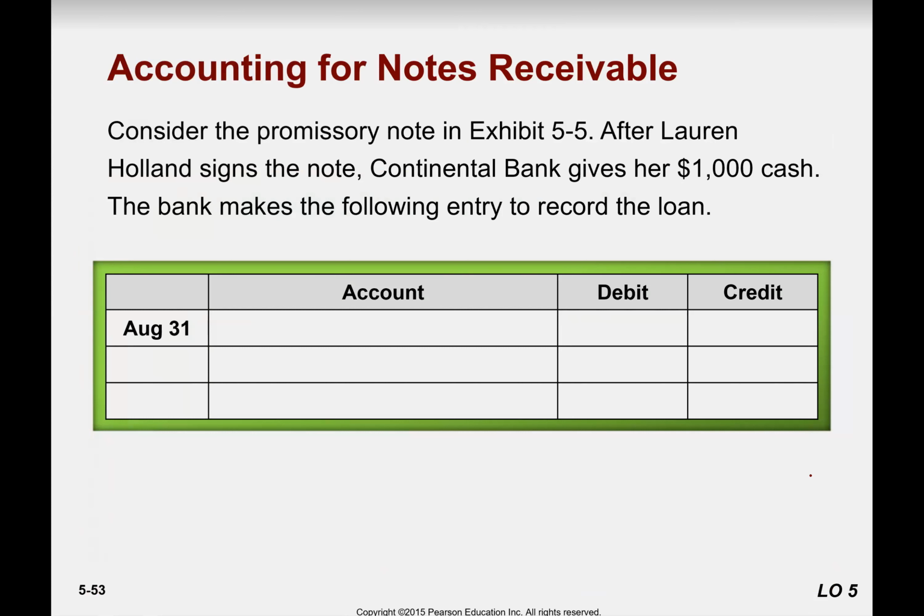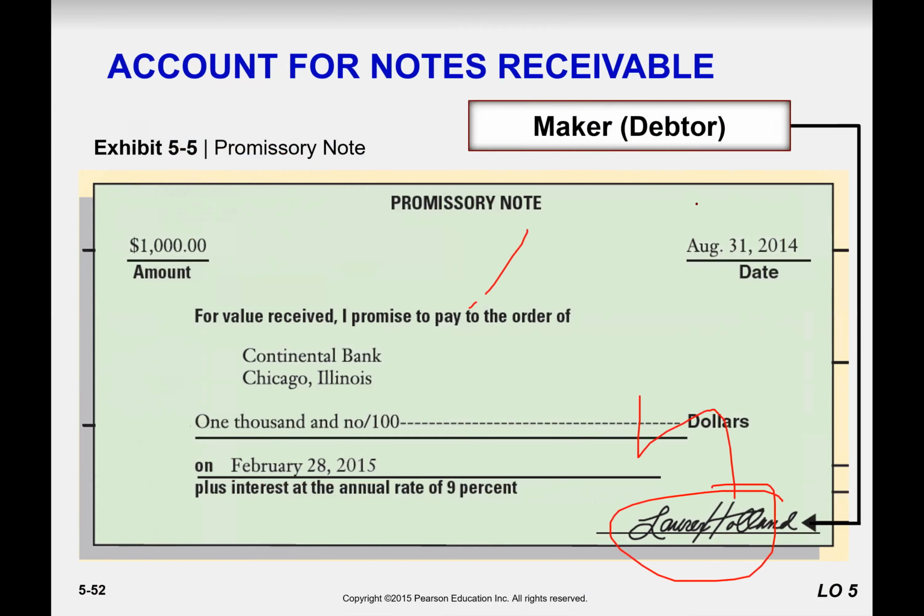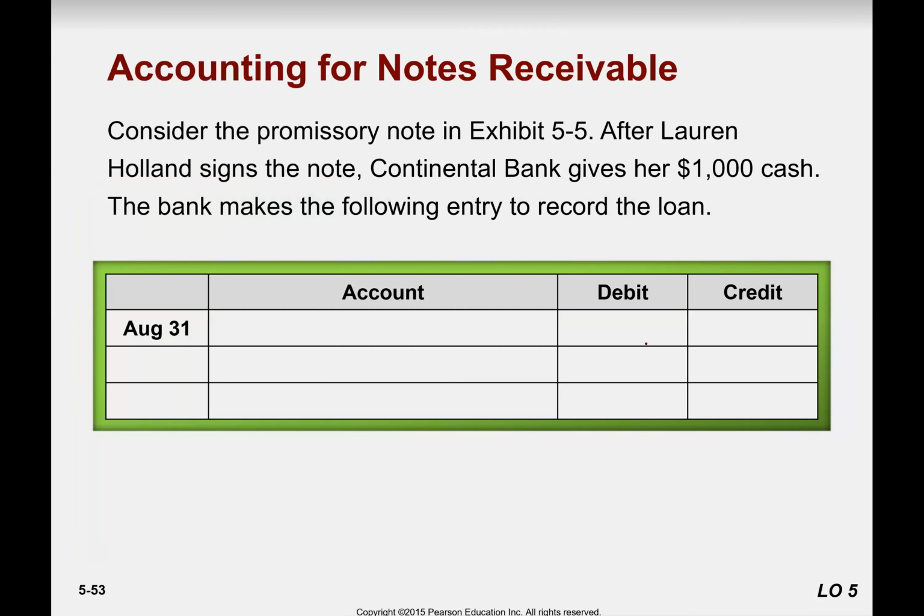Now consider Lauren, who issued this 1,000 promissory note. We just saw here a 6 months note. After Holland signs the note, the Continental Bank gives her 1,000 cash, right? The bank makes the following entry.